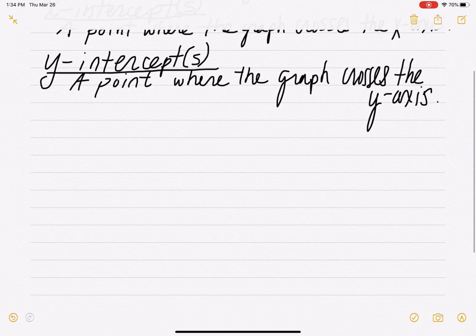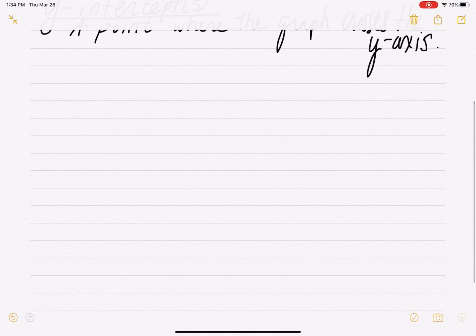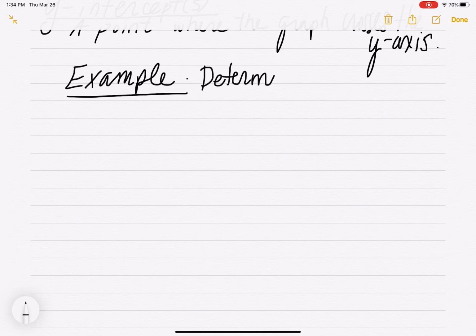Let's see if we can make sense of this. So here I'm going to do a little example where I draw a graph, and we want to determine the x and y intercepts based on the graph.